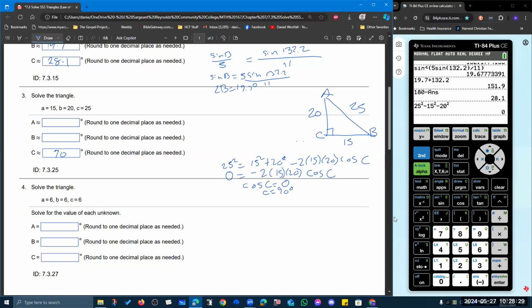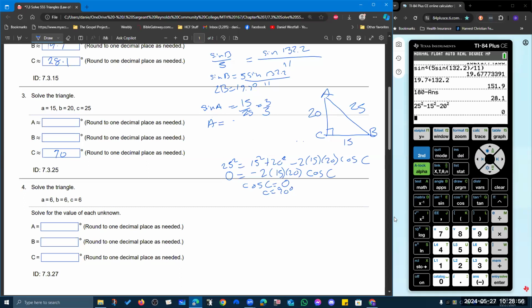So now we have, it's a right triangle, so sine of A equals 15 over 25 equals 3 over 5.